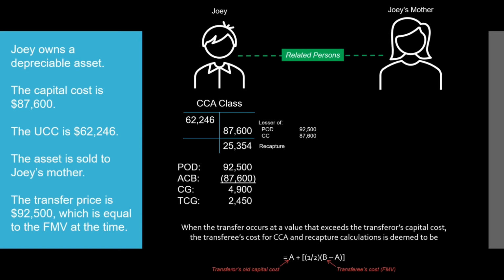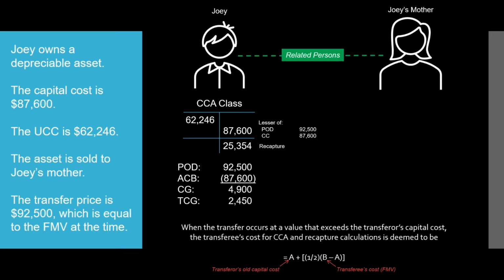Let's apply this formula to Joey's mother. The transferor's old capital cost was $87,600. The fair market value at the time of the transfer, and remember these transfers in our course will occur at fair market value, was $92,500.